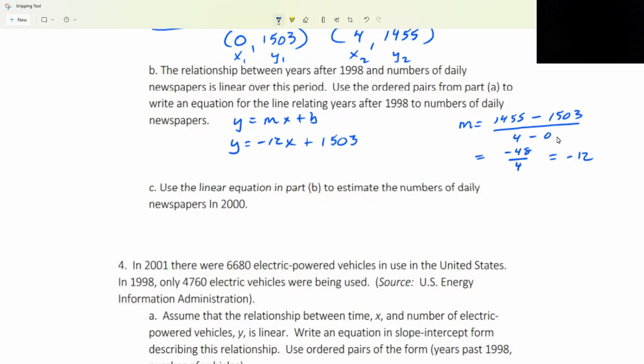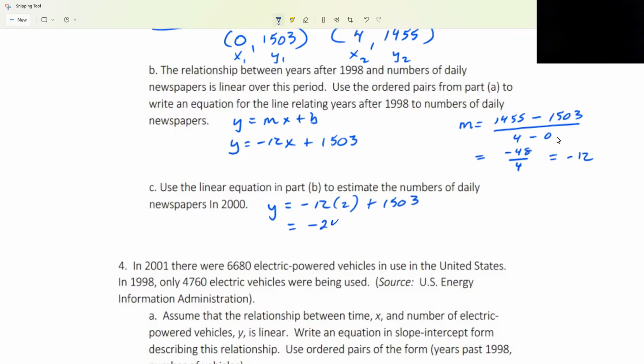Now the next thing they want you to do is use the linear equation you just came up with to estimate the number of daily newspapers in 2000. 2000 is going to be year 2. So y is equal to negative 12, we'll put in 2 for the year because that's what x is representing, plus 1503.